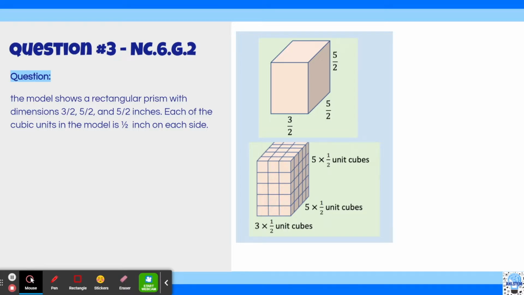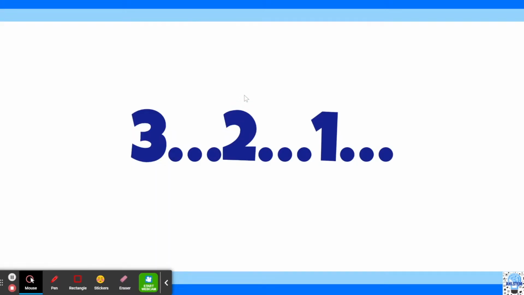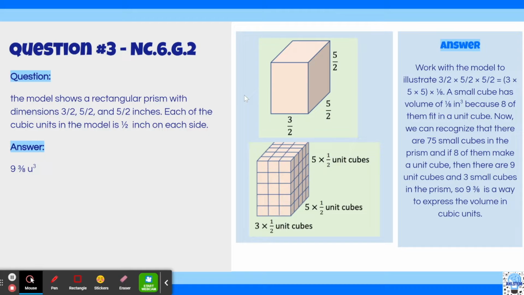We have to find the volume, okay? So pause the video now and try to solve it, and in a few seconds we'll check our answers, okay? Ready? 3, 2, 1. So the answer you should have gotten should have been 9 3/8 units cubed.